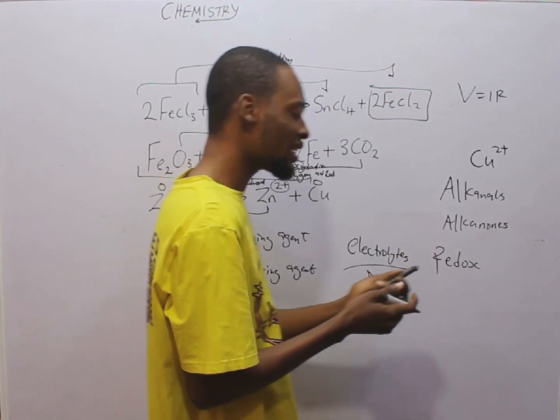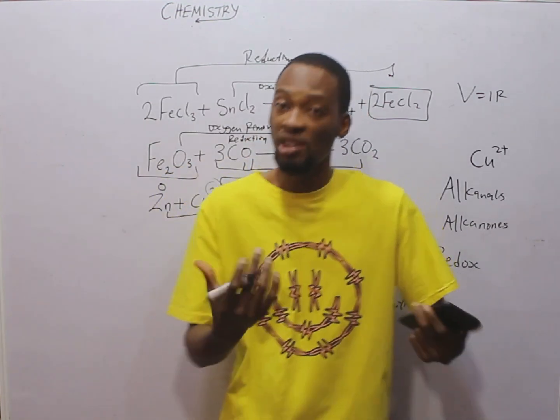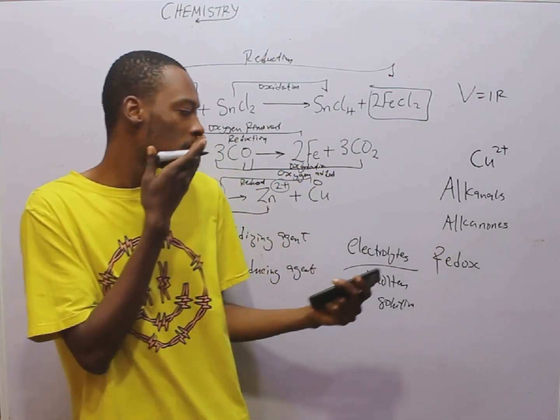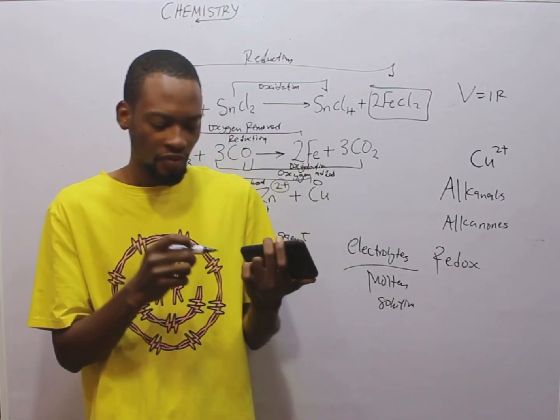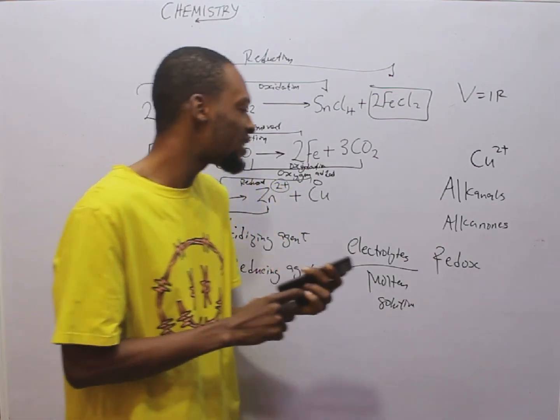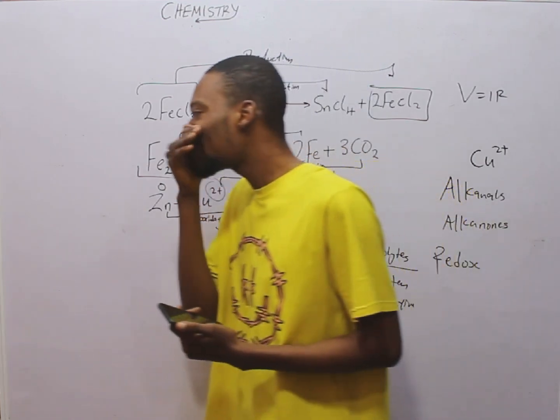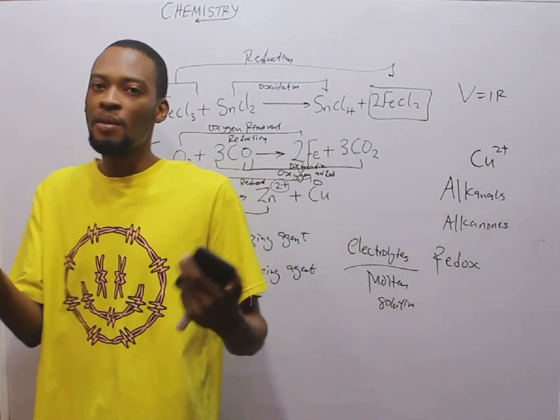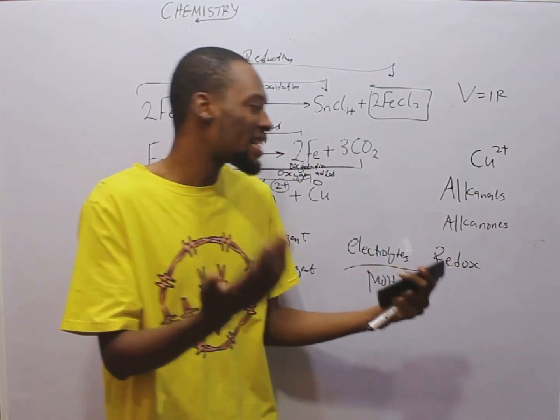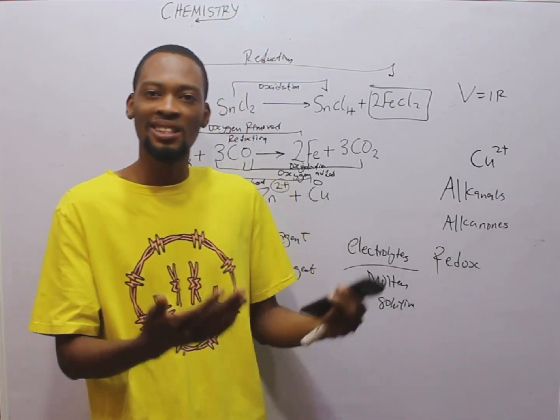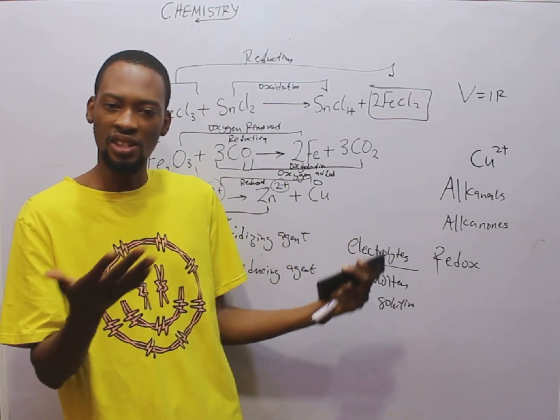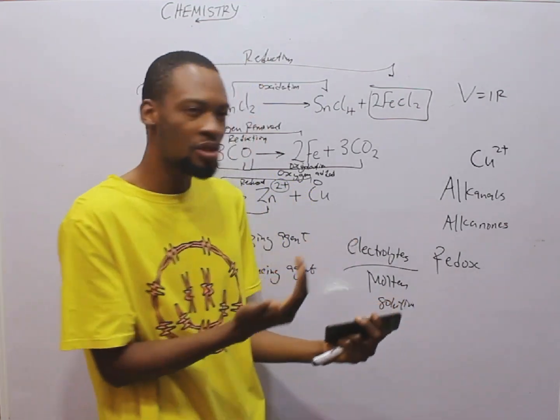Molten means when they are melted, and solution means when they are in water or in liquid, generally. That's what is referred to as an electrolyte. And these electrolytes are studied under electrolysis, which means splitting by means of direct current. Once you pass direct current through an electrolyte and it decomposes, thereby conducting electricity, we say that is electrolysis.